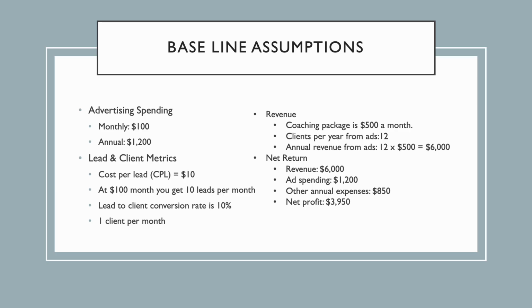To find the net profit, we subtract the annual ad spending and the other annual expenses from our annual revenue for the ads. So that will be $6,000 minus $1,200 minus $850, which ends up coming out to $3,950 as our net profit.